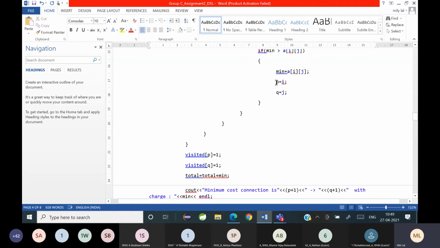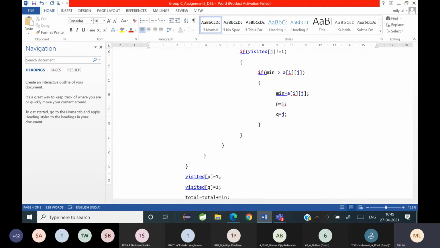And that p and q value of visited flag is set to 1. And that minimum value which you obtain, or the minimum edge which you have selected after checking the least value among all the vertices which are not visited, that particular minimum is added to the total.